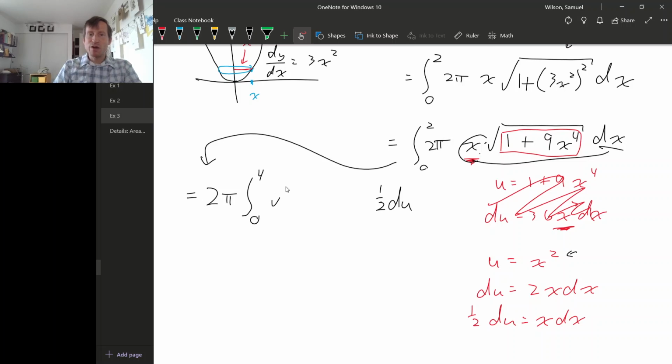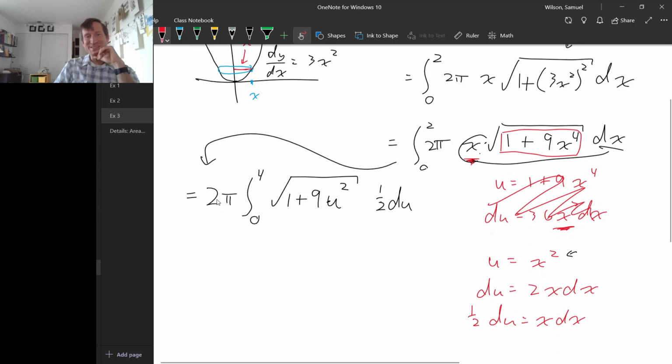And then inside the square root, we have the square root of 1 plus 9u squared. X to the 4th is x squared squared, and so that's u squared. So what now? Well, we can simplify the 2 and the 1/2, sure. But at this point, it's hard to know where to go from here.